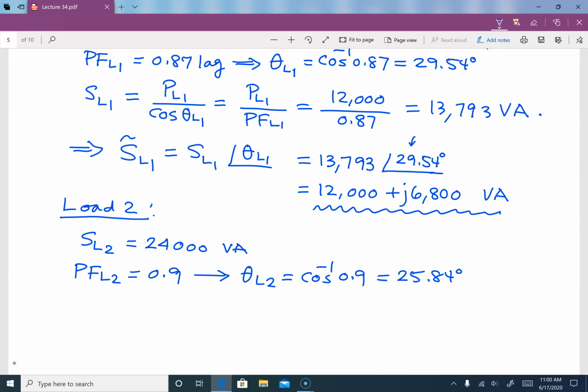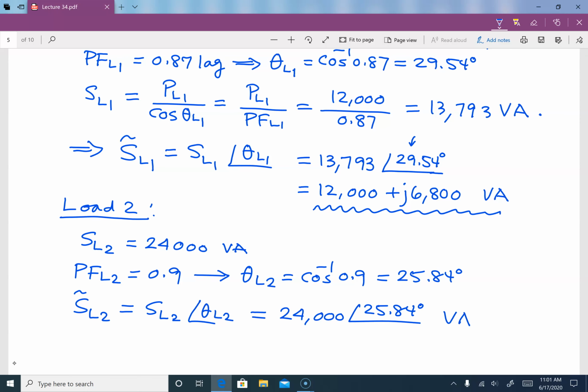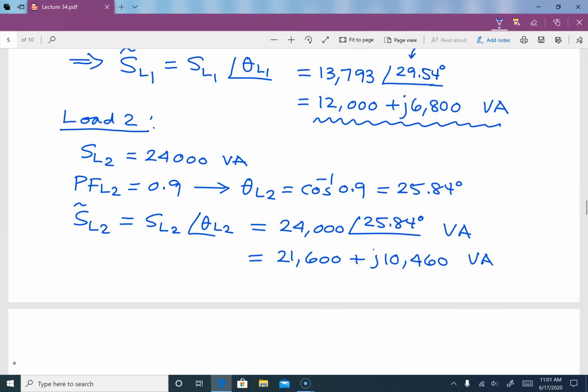So from that we can get our SL2, which is the complex power, that is SL2 with angle theta L2, and this is equal to 20,000 with an angle of 25.84 degrees, and that is volt ampere. And when we convert to rectangular form, that will be 21,600 plus J10,460. So now we have load 1 and load 2.